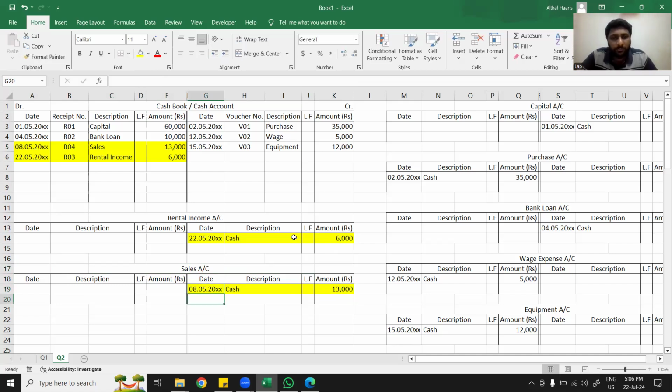Okay, no. So we have missed transaction 4. This is 3. This is 4. Receipt number 4.